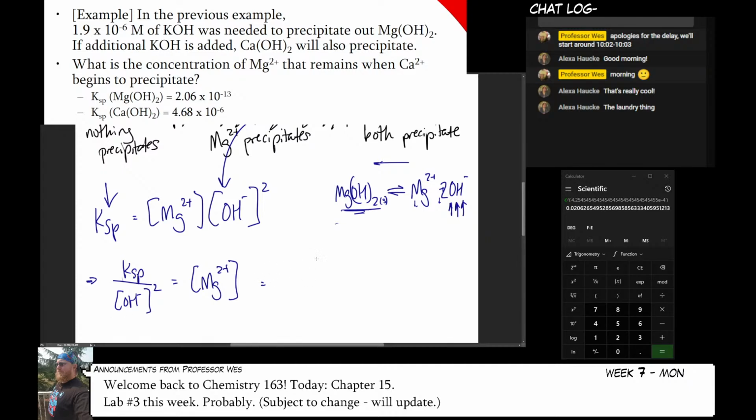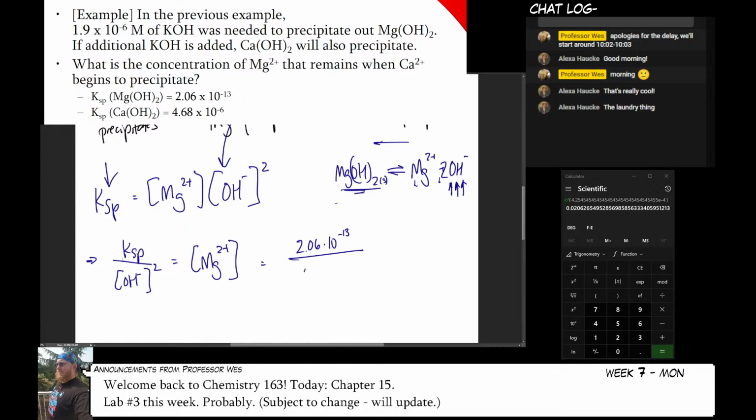So that would be KSP for magnesium hydroxide. And then our OH concentration was, I don't remember, 0.021. And you could probably already tell by looking at that number that we're going to have such a tiny amount of magnesium left.